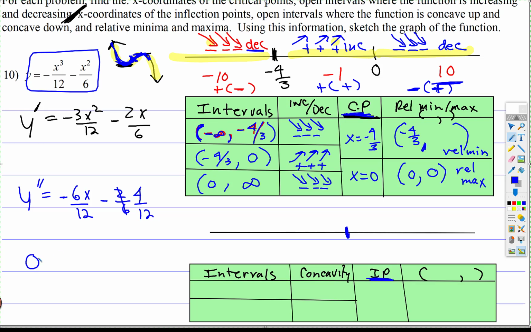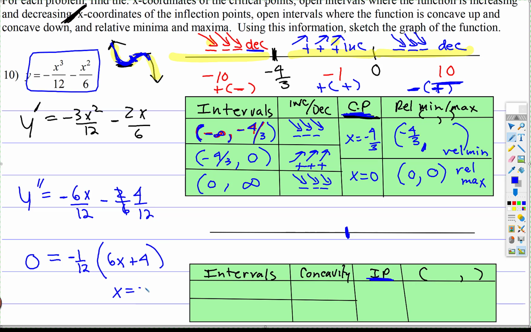I'm going to set the derivative equal to 0, and I'll just factor out a negative 1/12 again, but this time they don't share an x, so it's just negative 1/12, and that leaves 6x plus 4. Notice we could have factored out a negative 2/12, which is negative 1/6, and then this would have been 3 and this would have been 2, but it's okay.